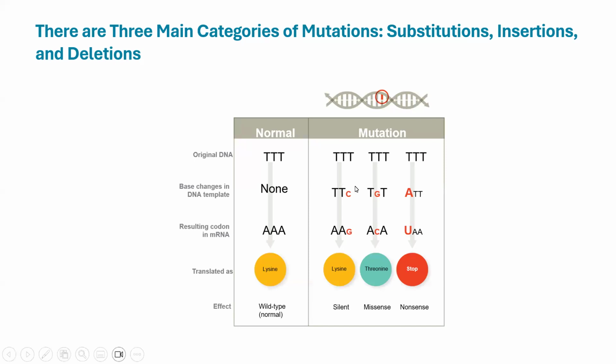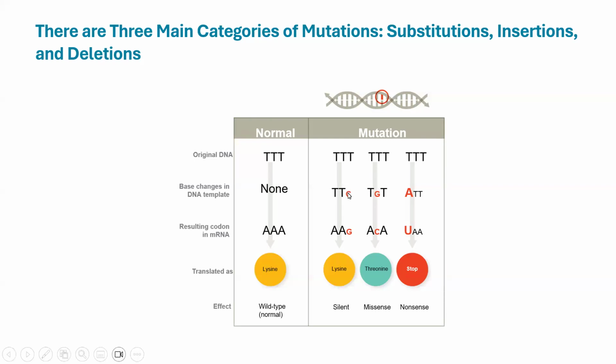And this would be a situation where you get a change in one of your nucleotides that results in the exact same wild type amino acid. So in this situation, we're trying to code for lysine using the codon AAA. All right, so the original DNA is TTT. When it's transcribed, it becomes AAA, and that codes for lysine.